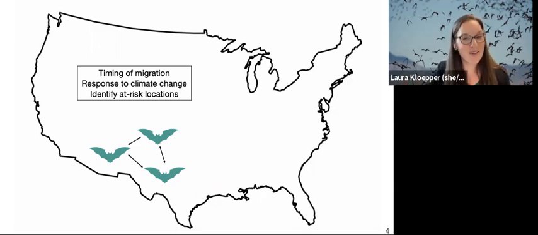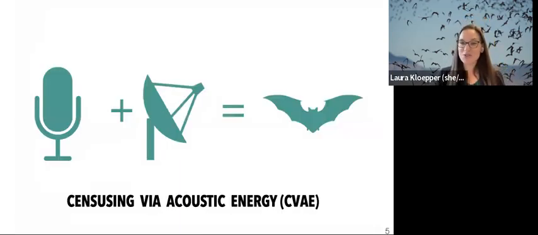So the goal with what I want to talk about today is hopefully to convince you that we don't really need to imagine this future, because we actually have everything in our toolbox right now. The technology exists to use passive acoustics and autonomous monitoring in order to get real-time population information on a single species.